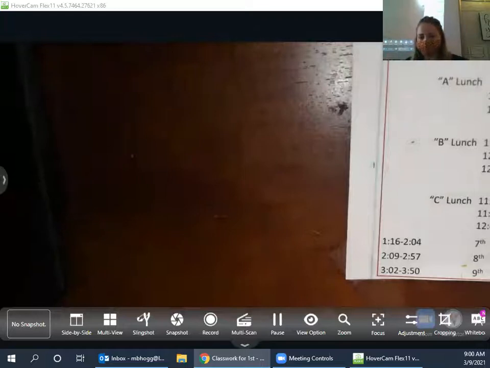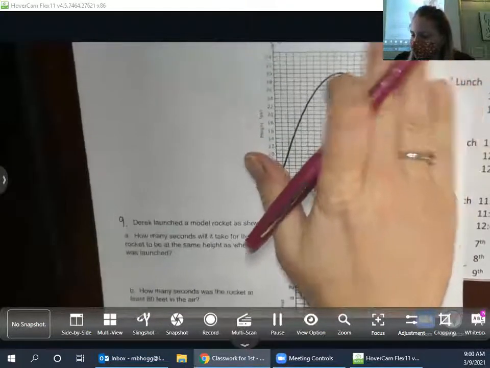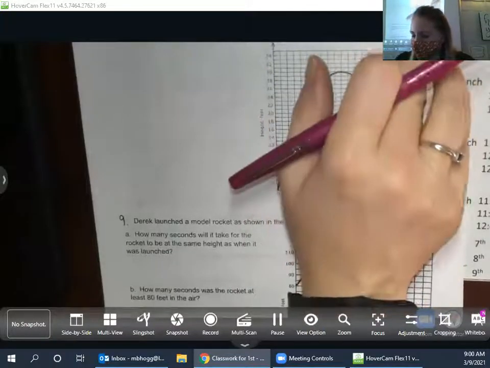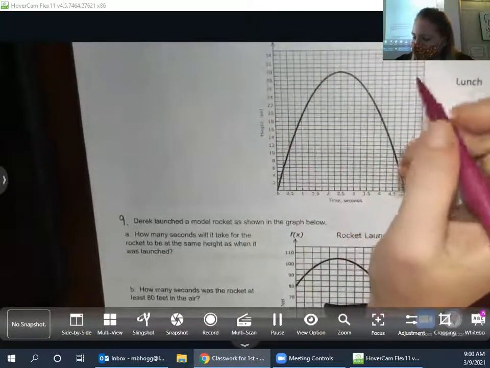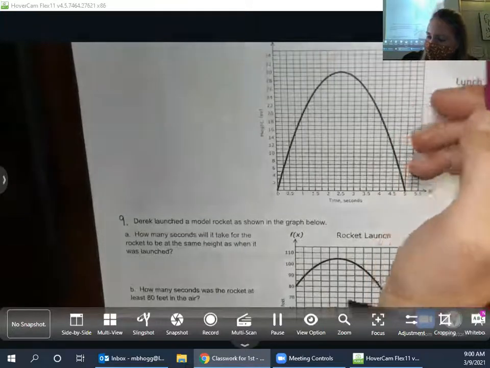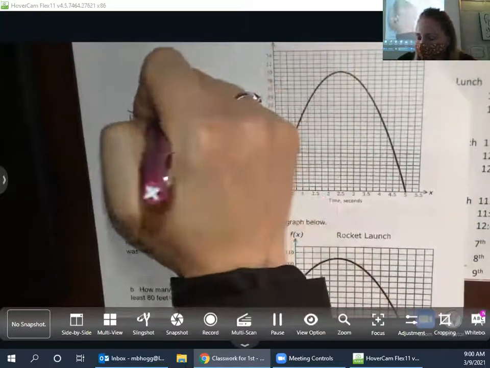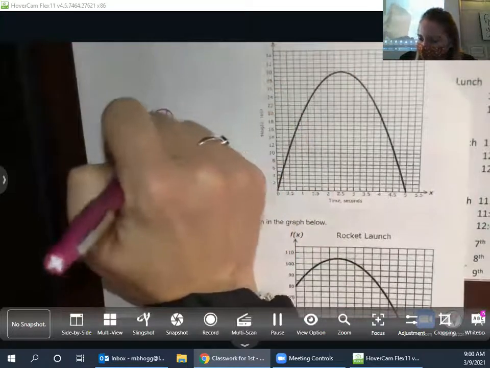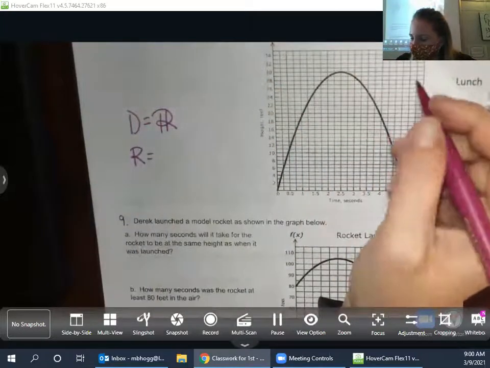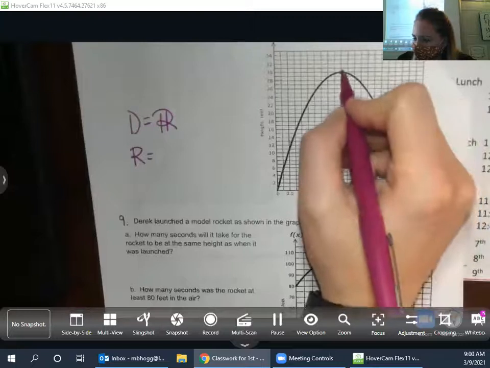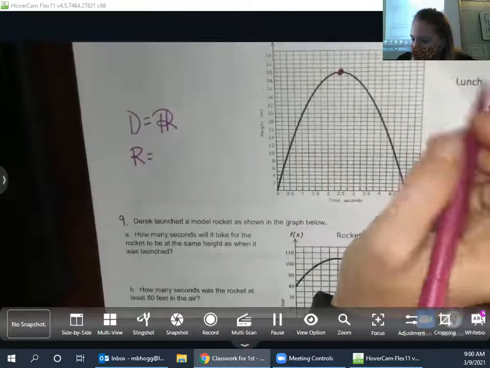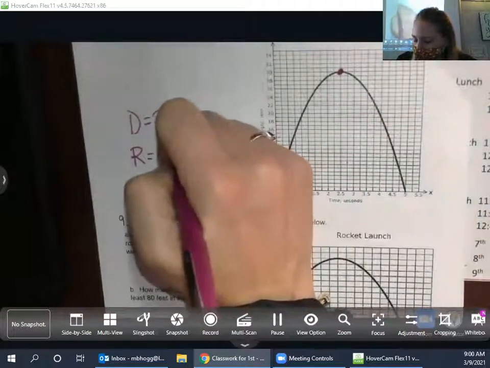All right, number 8. You can see it's good that we did lesson yesterday because there's a lot of questions with a graph and reading these parabolas. The domain and range of this graph. What's domain always going to be? All real numbers. Range, you have to look at the vertex, and it's your y value in your vertex.